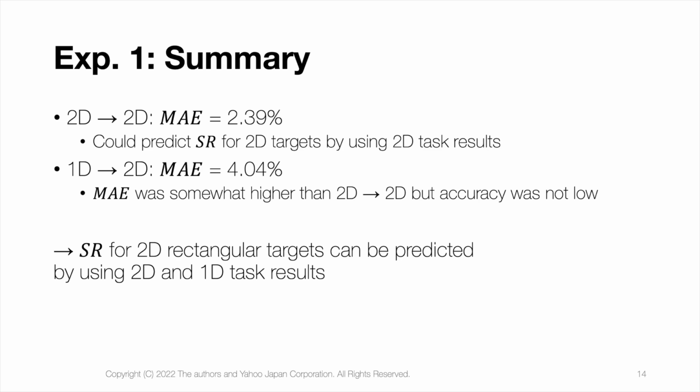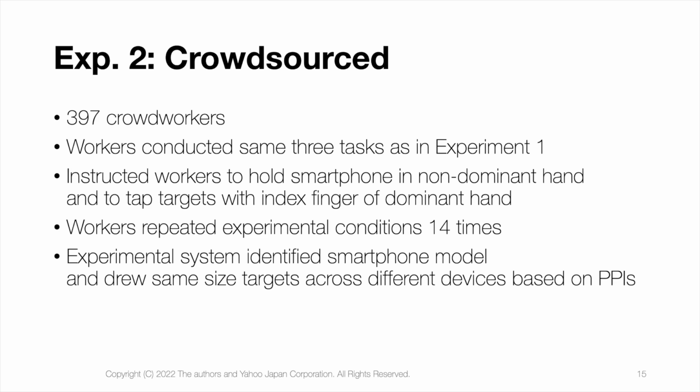1D task results. Next, we conducted a crowdsourced experiment. 397 crowd workers joined the experiment. The workers conducted the same 3 tasks as in experiment 1.